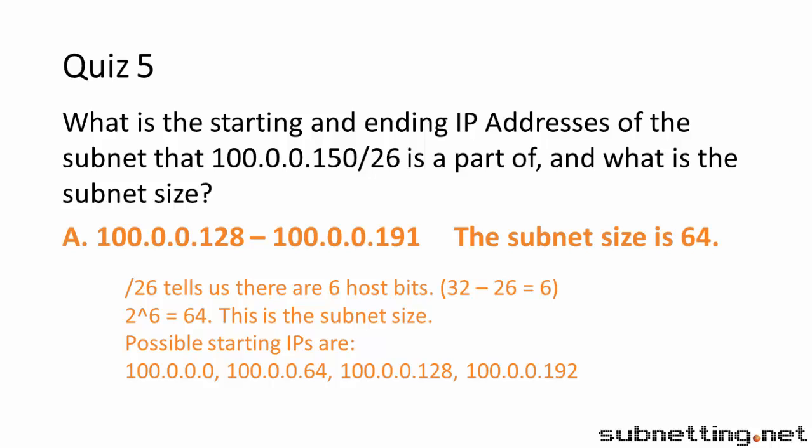The next is the same, except the 4th octet ends in .64, then .128, and then .192. The highest starting IP that is still less than our IP address is the correct starting IP, and in this case it is the .128 address. The ending IP is simply the start of the next subnet minus 1, or .191.